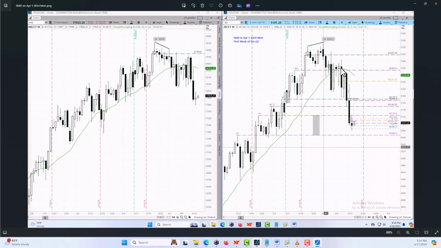But at exactly that moment, it goes in the opposite direction. We see that right here at the level of 52, 53.